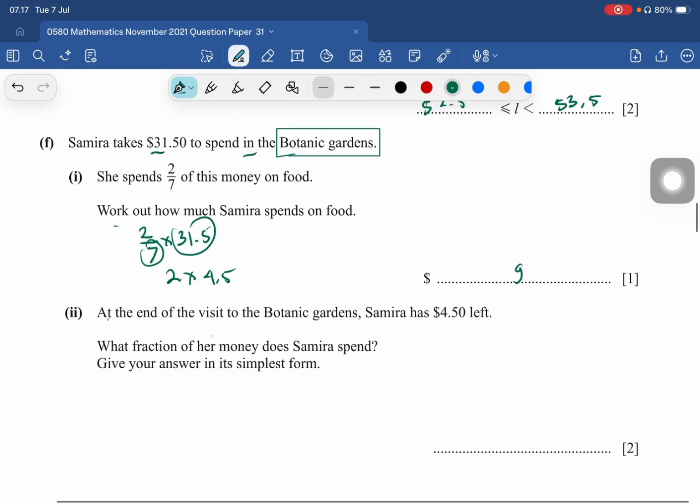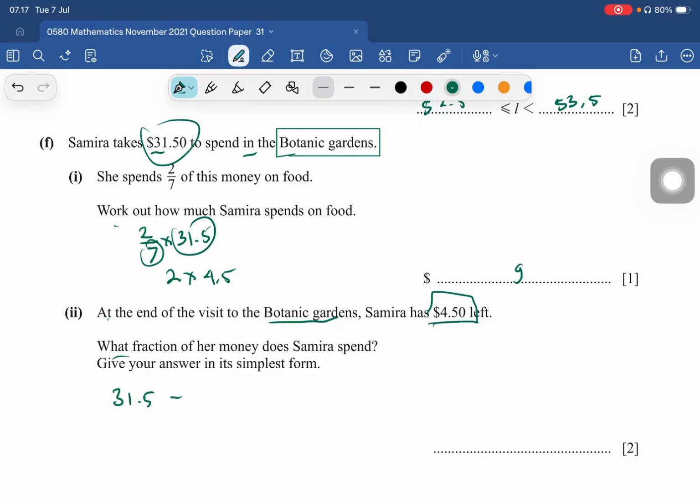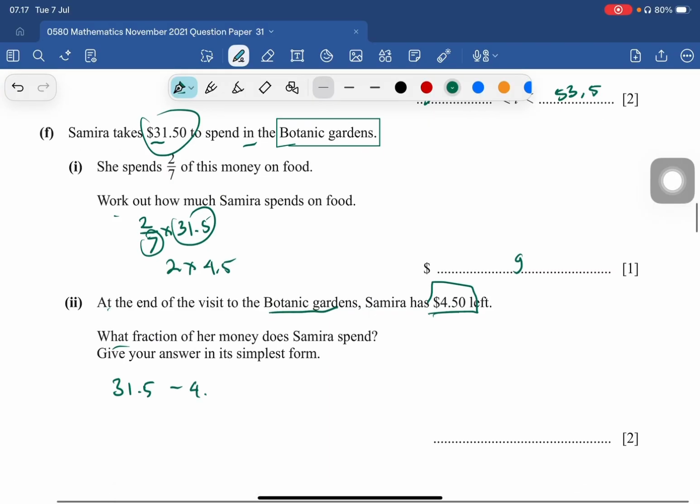Okay, at the end of the visit to the botanic garden, Samira has 4.50 left. What fraction of her money does Samira spend? First, Samira got 31.5. Let's subtract: the remaining is 4.5 out of the initial money, 31.5.